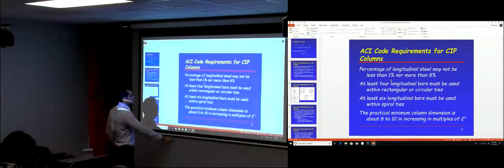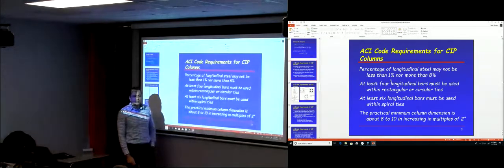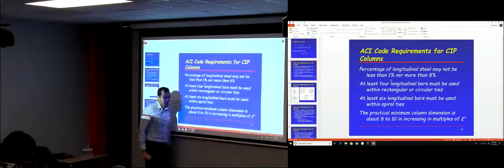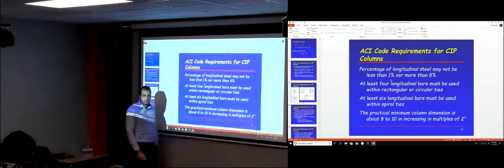The percentage of longitudinal steel may not be less than 1% and cannot be more than 8%. So once you find area steel from that equation, dividing it by b times d will give you rho. Rho cannot be less than 1% and cannot be larger than 8%.